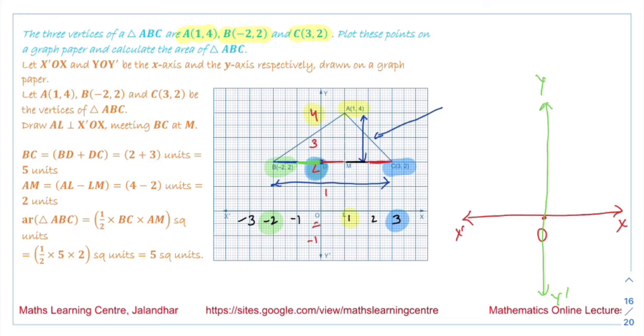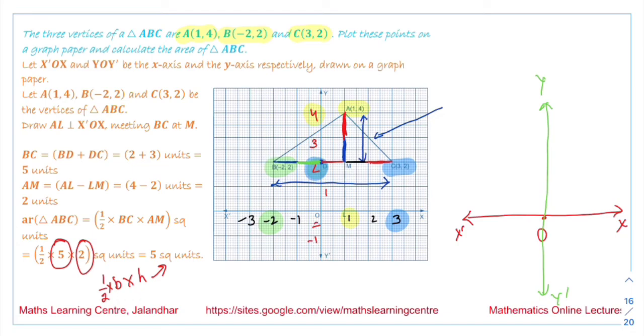So the length of the base is 5. When calculating the height, this is the first block and this is the second block over here. So the height is 2, and the formula for the area of a triangle is half base into height. So the answer you will get is 5 square units.